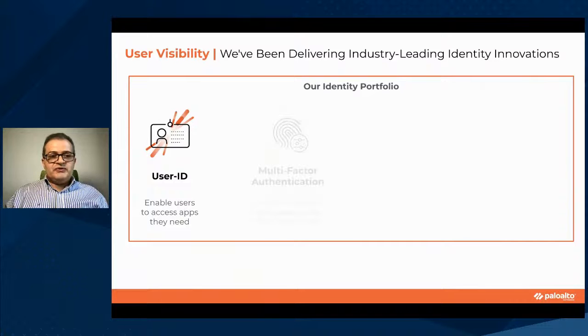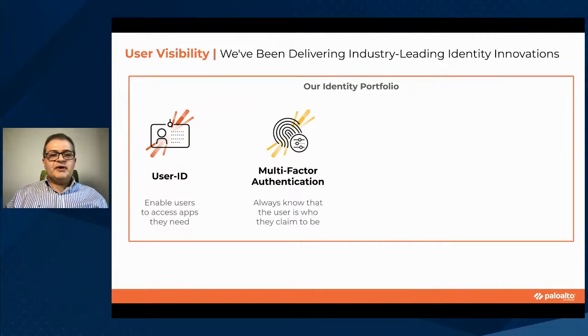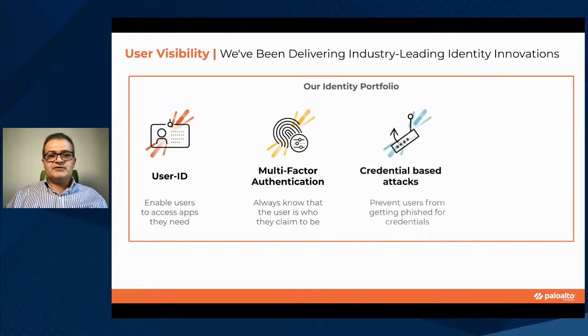So we're talking about user visibility. User ID is there, but for certain critical resources within the network, multi-factor authentication comes into play. What about credential theft? What if someone stole this user's credentials and identity? How can we differentiate between the stolen credentials and the legitimate user within the network?